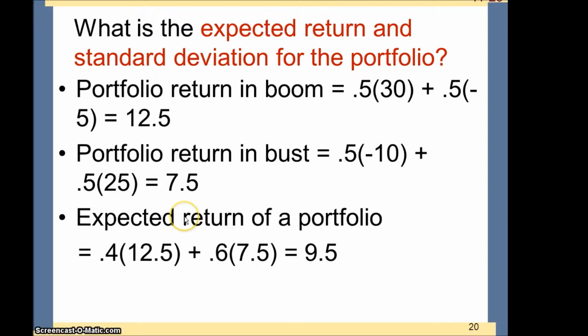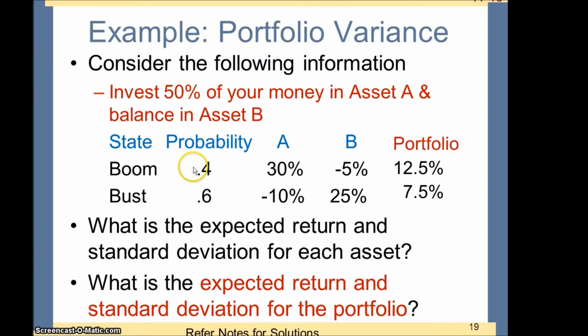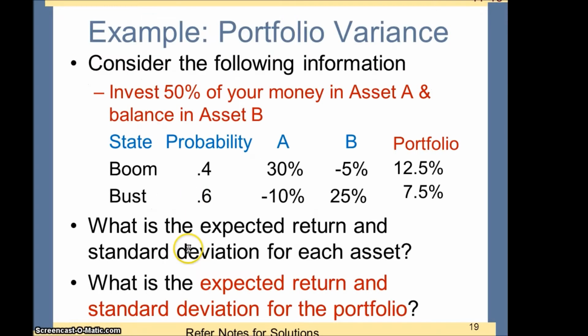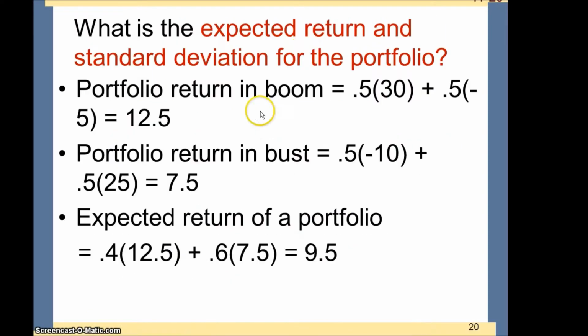For the boom, the probability of having a state of boom is 0.4. So 0.4 times the portfolio return in boom plus 0.6 times the portfolio return in bust. So add up, it is 9.5% expected return for the portfolio. Okay.